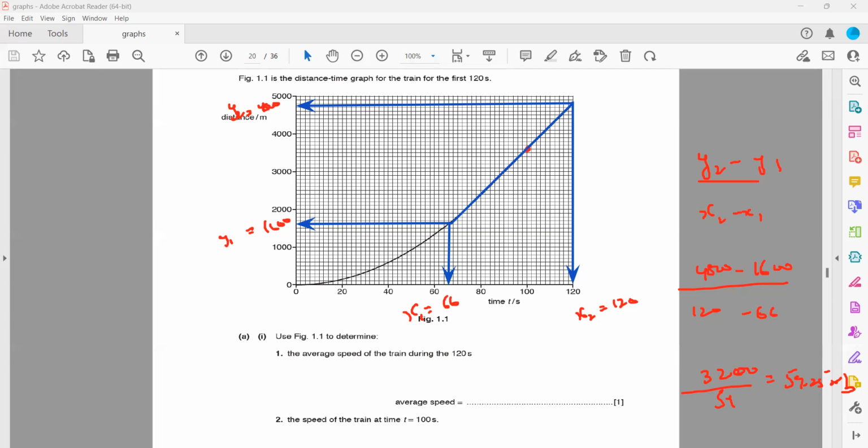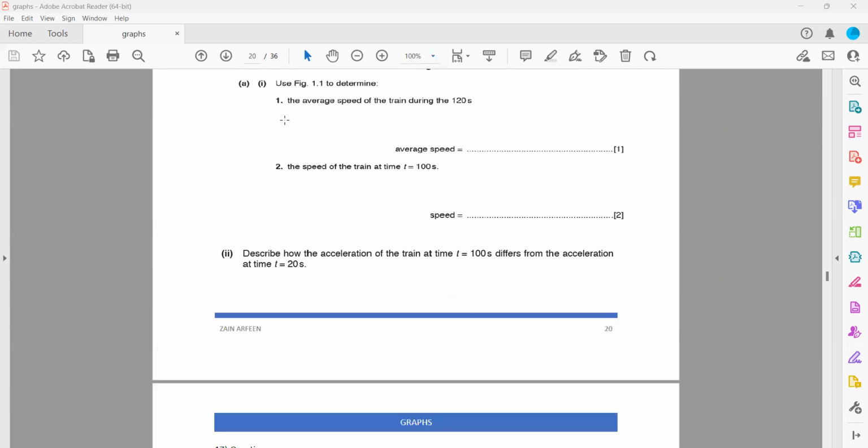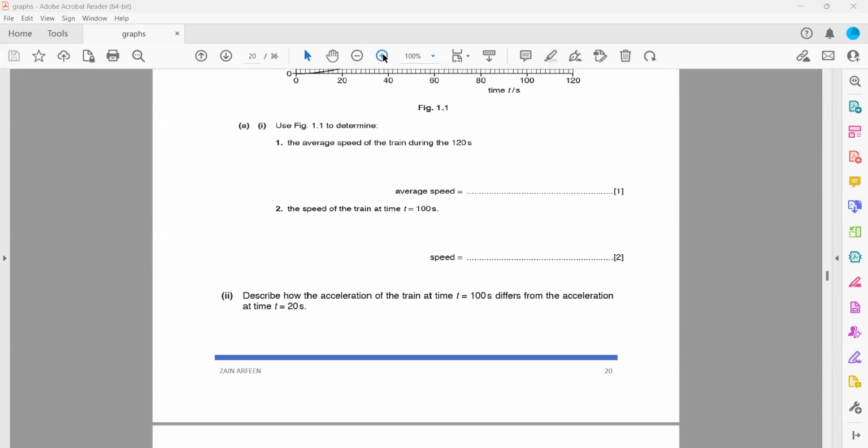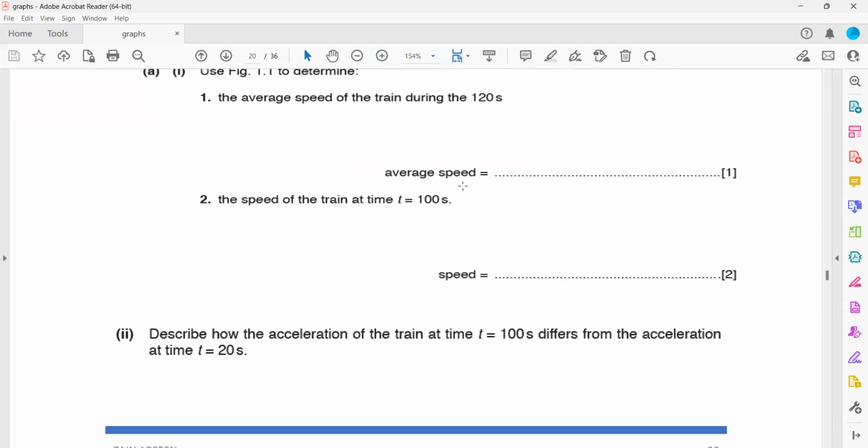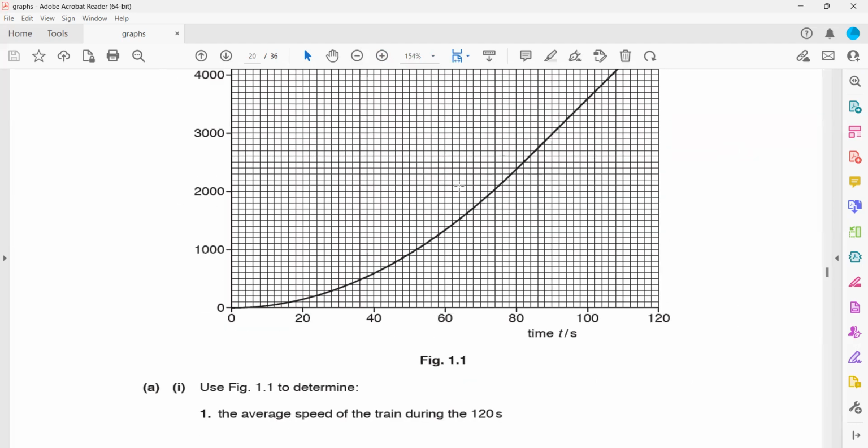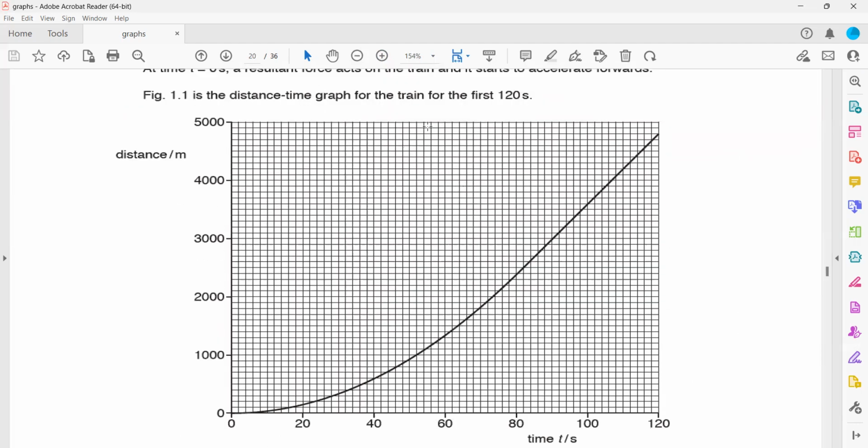The next question. Describe how the acceleration of a train at 100 seconds differs from 20 seconds. Look, at 100 seconds, it was a straight line on the distance-time graph. What it shows is constant speed, because it's a straight line, so we can say there's no acceleration.